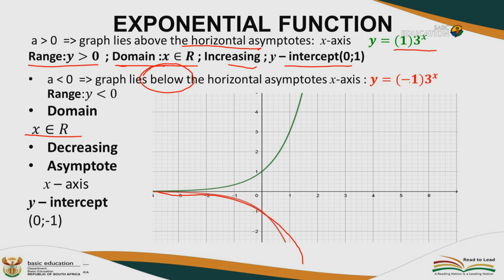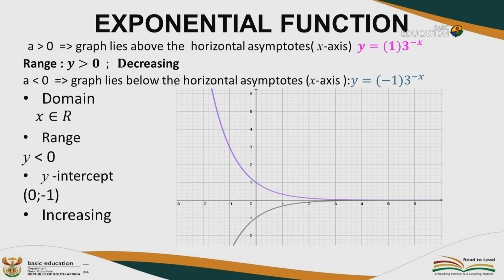So when a is negative, where does it lie? Below the horizontal asymptote. Even when our b is a third, a fraction, it's still a decreasing function. We are changing the a. The a is now negative.